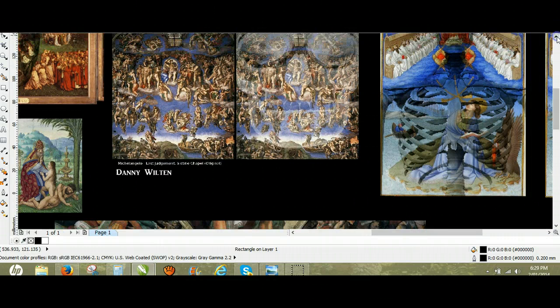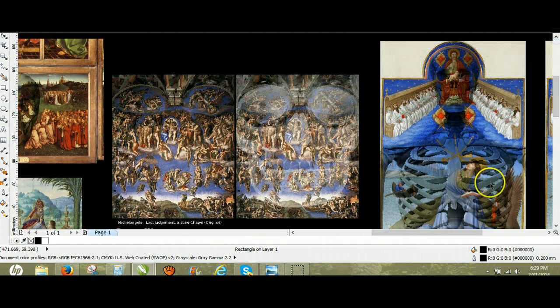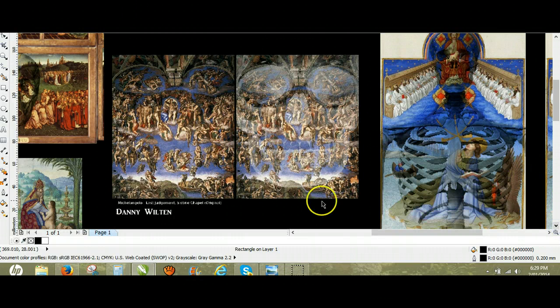Now, this is another one that I wanted to show you, because Danny Wilton actually discovered this, what these artists were doing with the human body, especially artists like Michelangelo. Okay, and there's other artists that he's found too. So if you're not aware of Danny Wilton's work, and I know a lot of you guys follow Danny Wilton that follow me too, and those of you that have found my work but haven't found Danny's, you really need to go and look at Danny's too, because his work is basically confirming everything that I'm finding now.